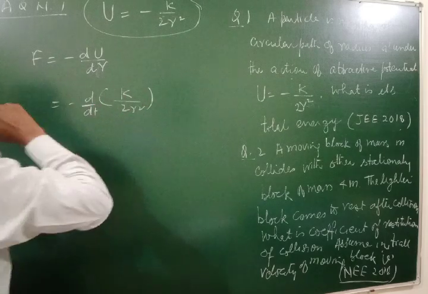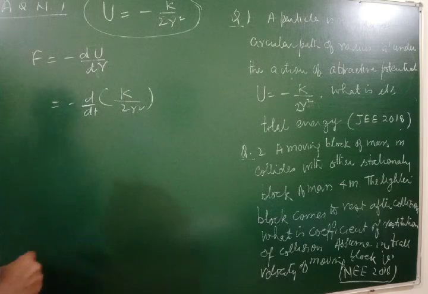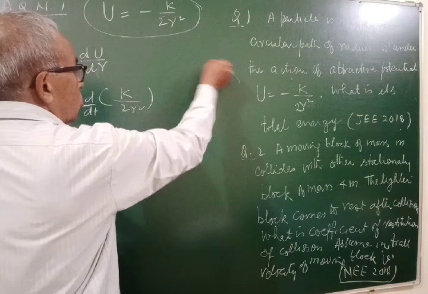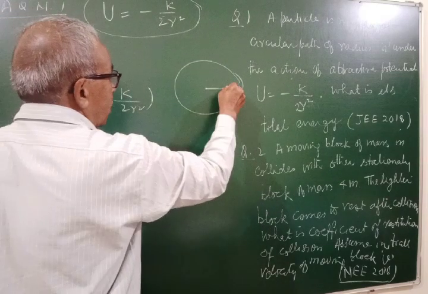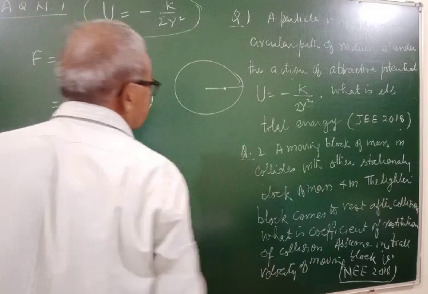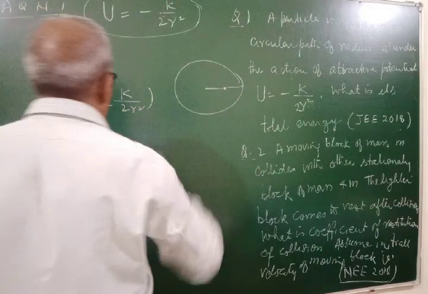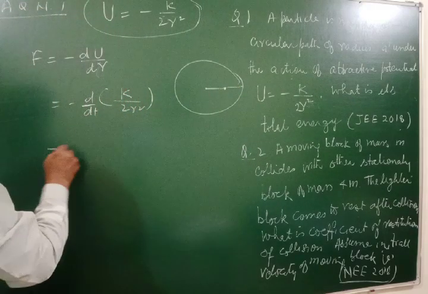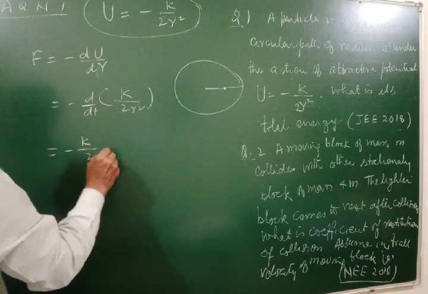Here K is constant, R is the distance from the center. If this is a circular path, then R is the distance from the center, and K is constant. So it will be minus K upon 2 into d upon dr of R to the power minus 2.